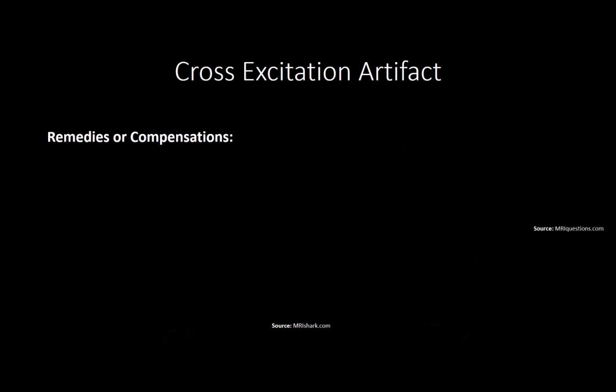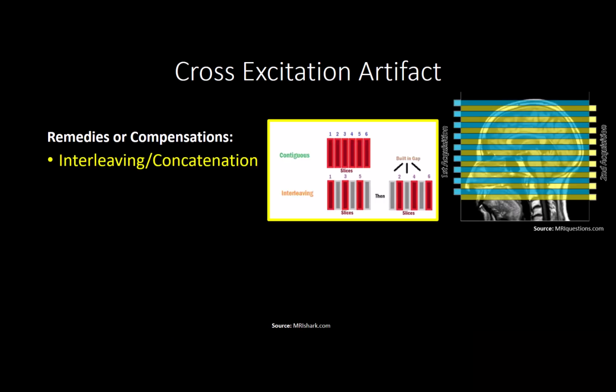Remedies or compensations for cross-excitation artifact. You can activate interleaving or concatenation, which is acquiring slices in this interleave fashion where you acquire slice 1, 3, 5, and then go back and fill in slice 2, 4, and 6. However, the negative aspect of this is it increases your overall scan time.